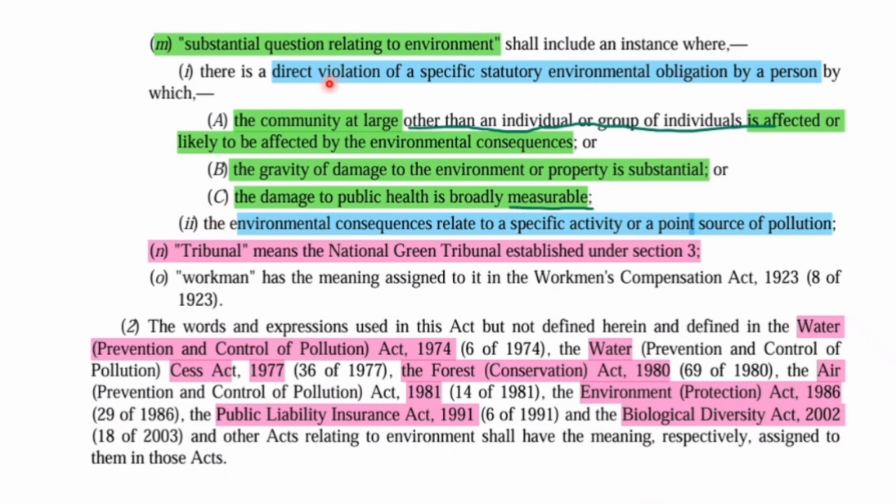Also, the direct violation consists of 3 parts, and the other one is that the environmental consequences relate to a specific activity or point source of pollution. So if its consequence leads to pollution, then it is also a substantial question relating to environment, and it can be decided by the NGT. That is the point, okay?